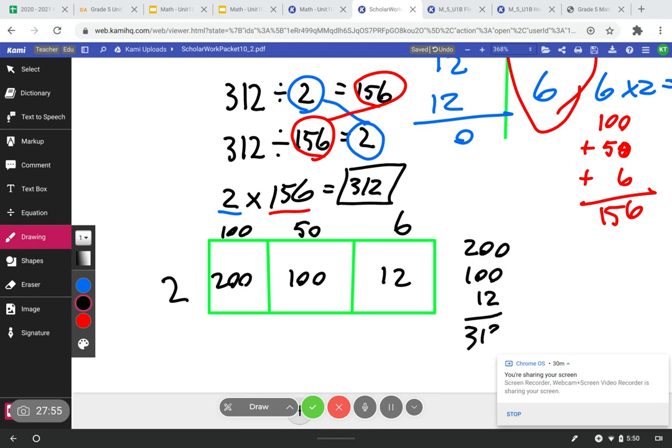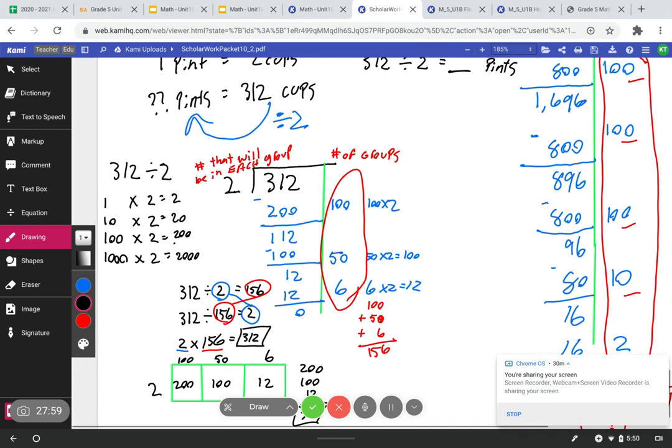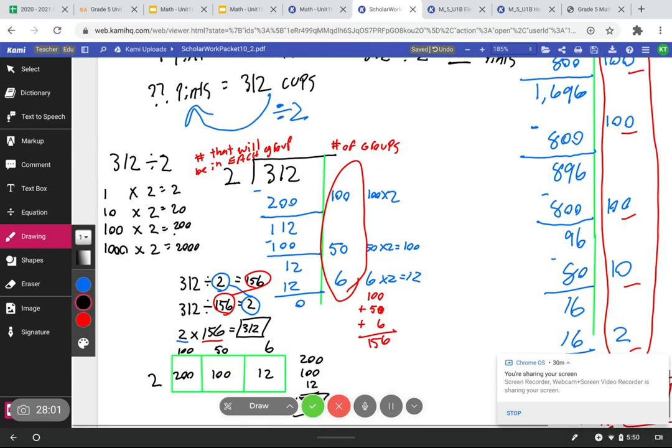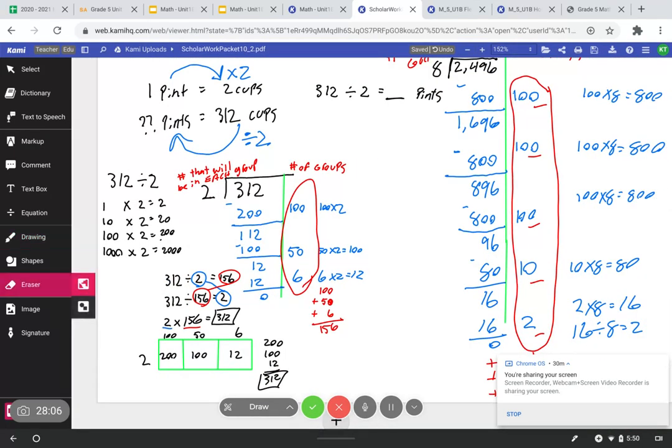And look at that. It balances out. So I'm going to leave this on there for a few seconds so that you can copy it. Pause the video and write down what I just did.